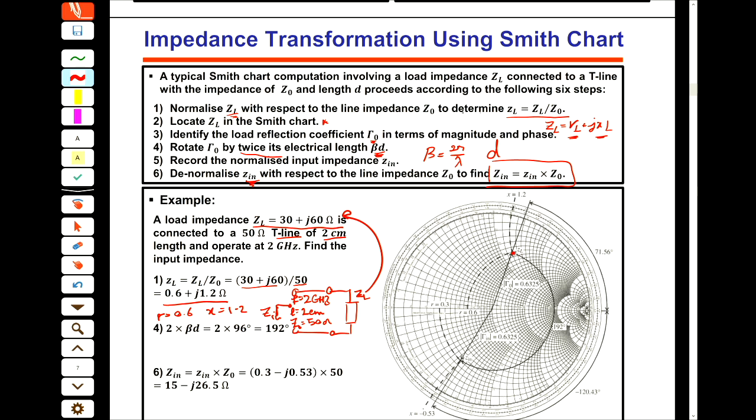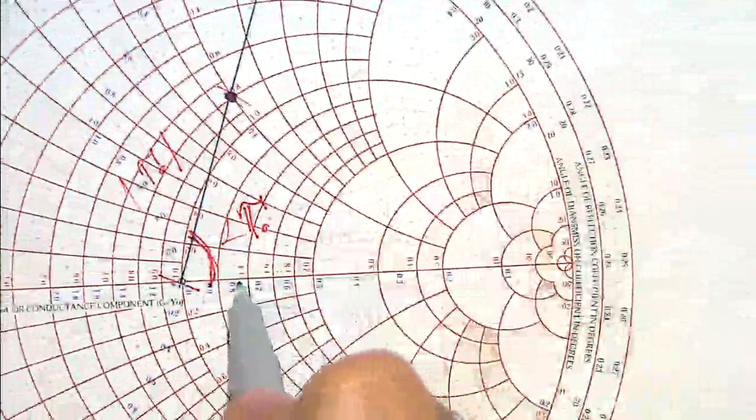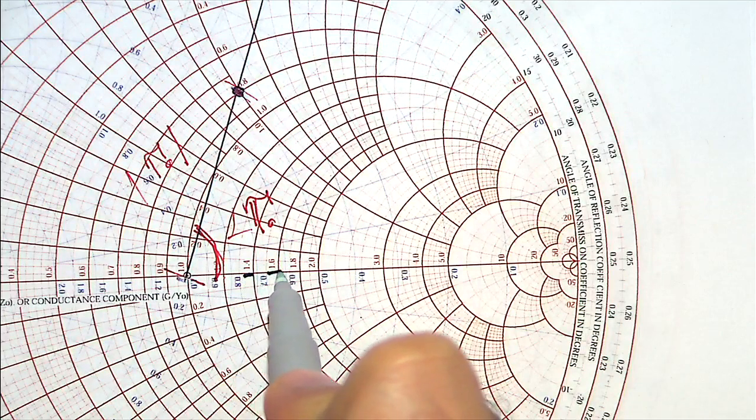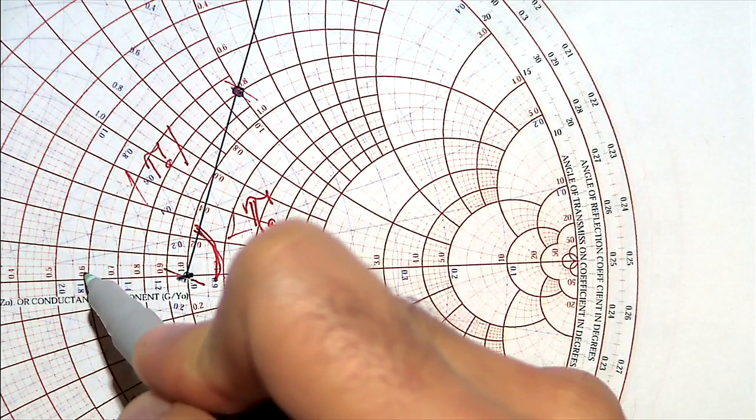So R equals 0.6. You can see the values of R here. For example, this is R 1.4, this is R 1.6, this is R 1.